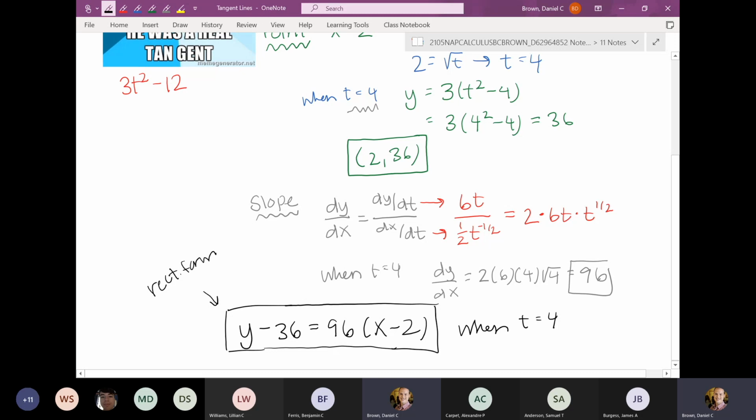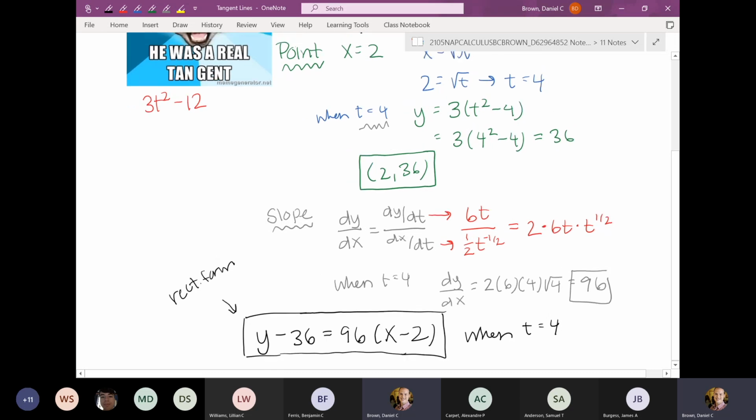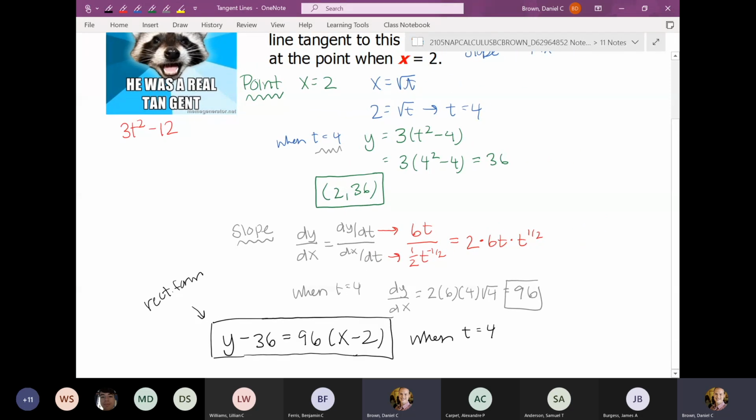We won't really write the equation of a line parametrically. We're always going to write it in rectangular form with just x and y and without the t. The only new part, for the most part, besides dealing with the parameter t, is how we find the slope with dy dx equal to dy dt over dx dt. Questions on that problem?